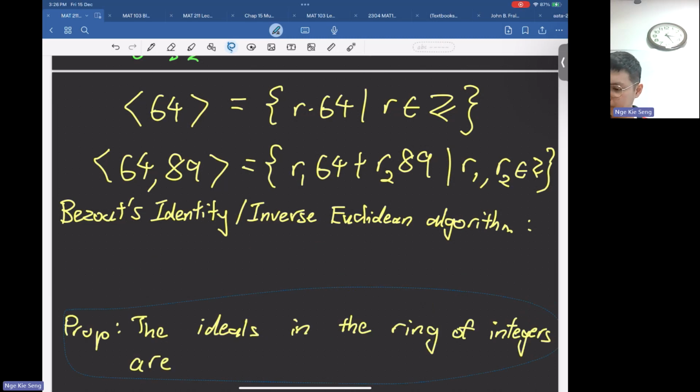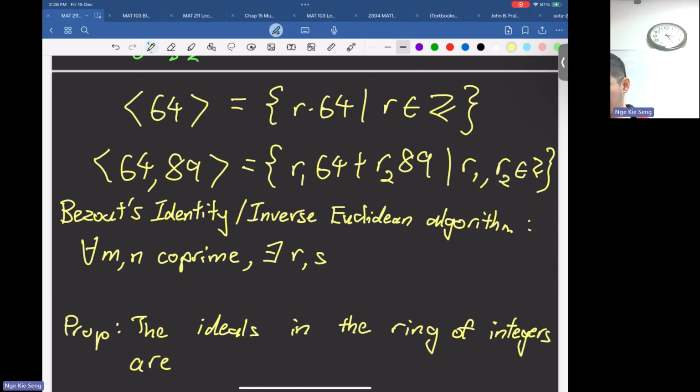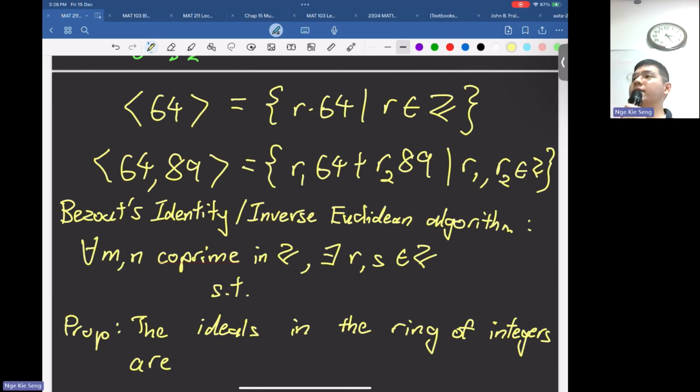So for all m and n coprime in Z, there are r and s in Z such that r times m plus s times n equals 1. Meaning what?